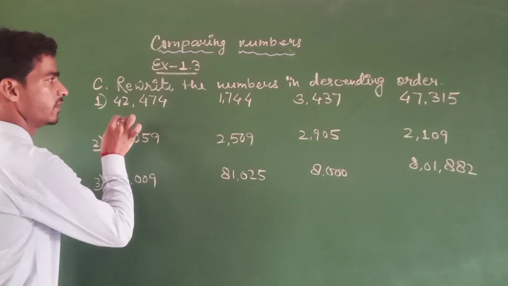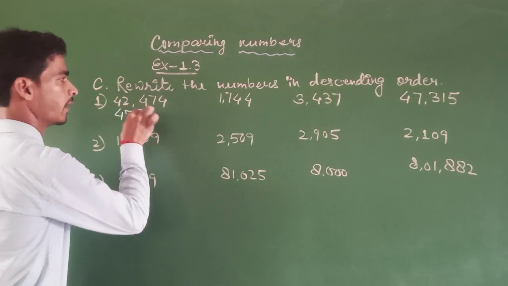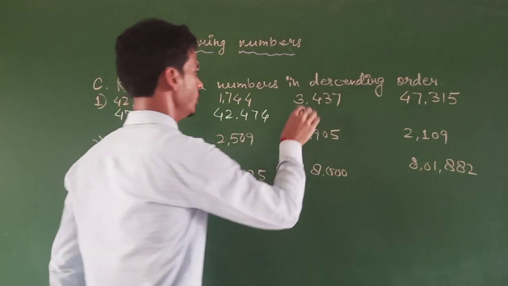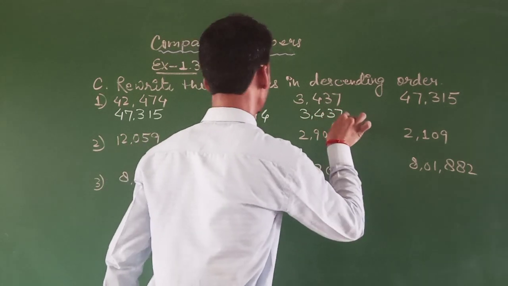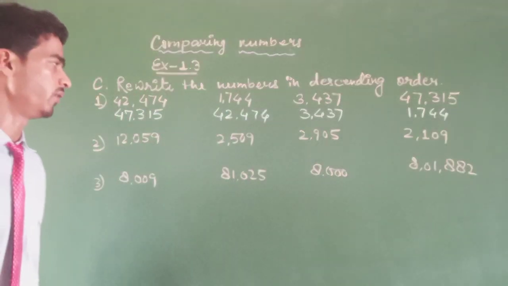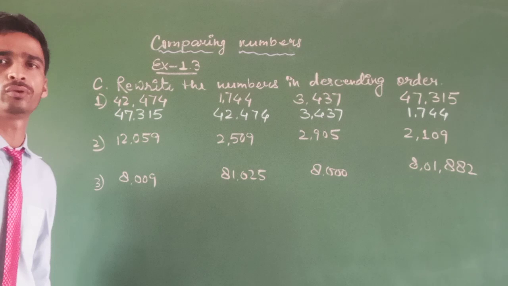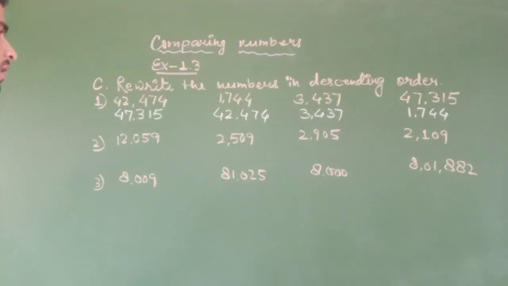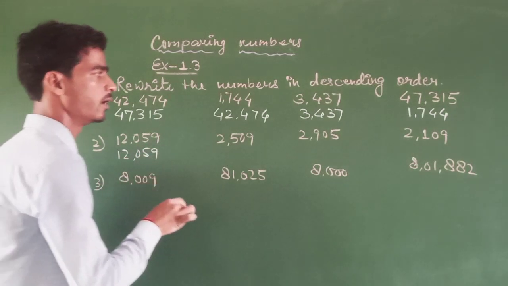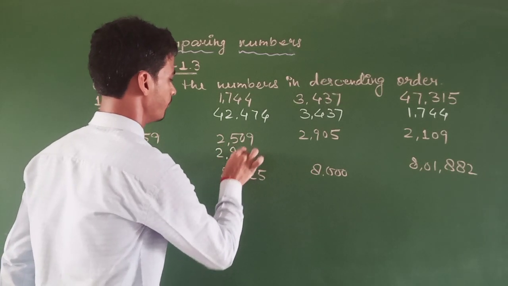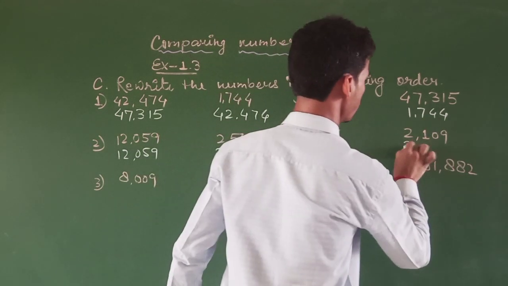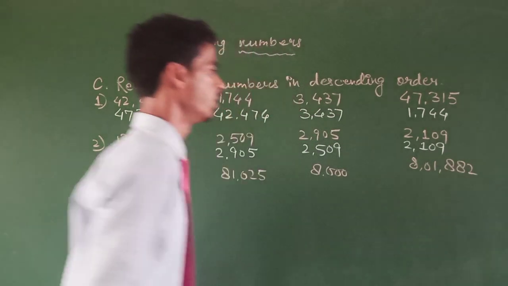We know that 47,315 is greatest, and after that 42,474, then 3,437, and then 1,744. The second question is 12,059, 2,509, 2,905, 2,109. The greatest is 12,059, then 2,905, then 2,509, and then 2,109.